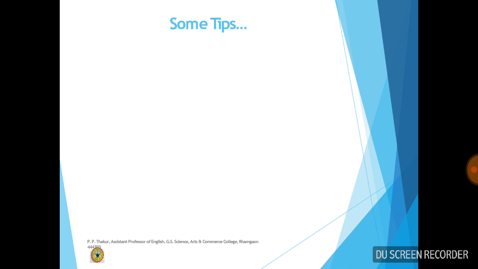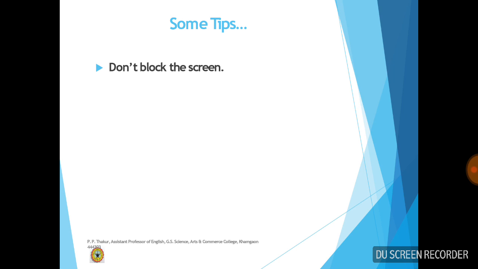Here are some tips for good presentations. You should not block the screen. Sometimes the speaker comes in between the projector and the screen and blocks the view of the audience. This may happen inadvertently. You do not do it deliberately, but it may just happen sometimes.